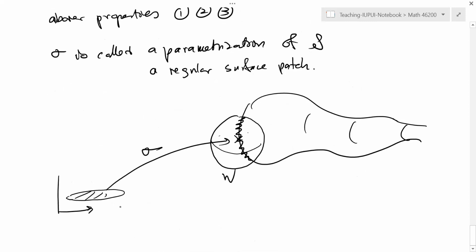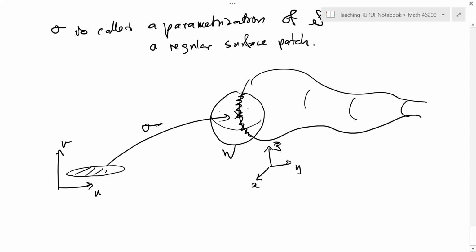Sometimes, since we have to use X, Y, Z, we use U and V. Such that this sigma has properties 1, 2, 3, and this piece inside this domain is the image of some sigma.